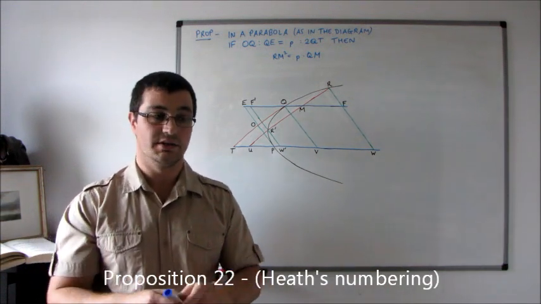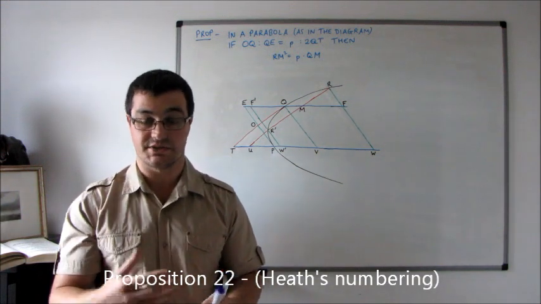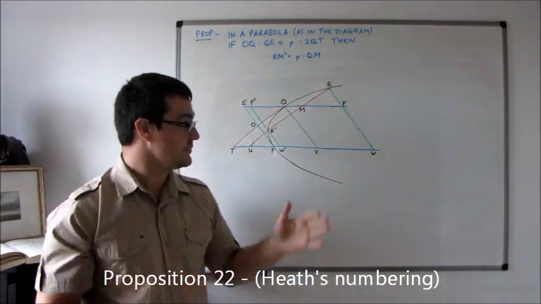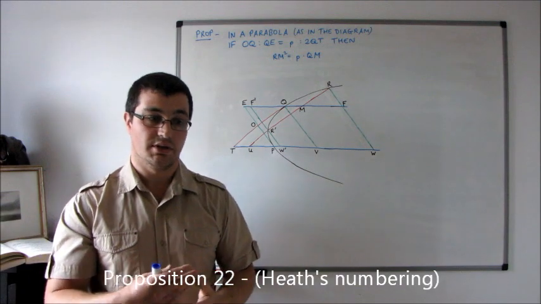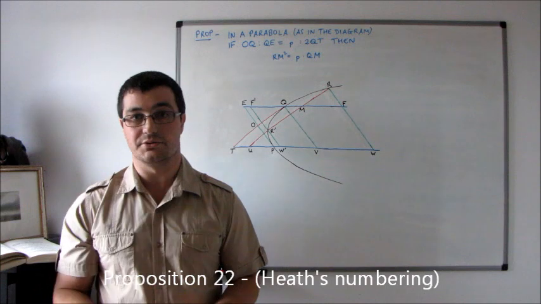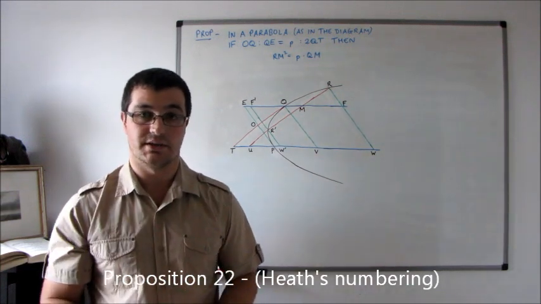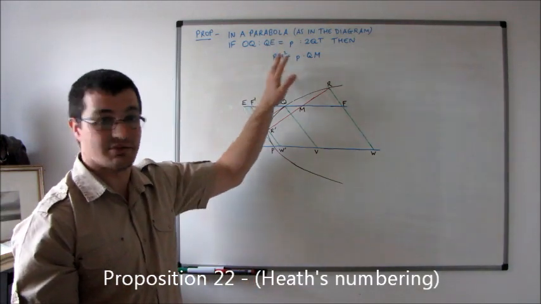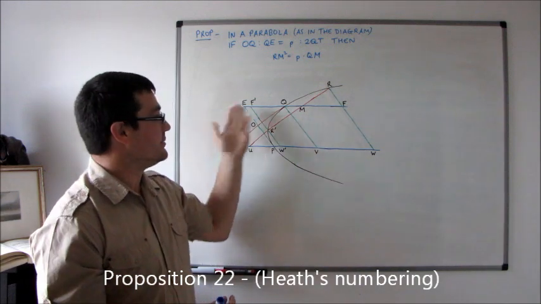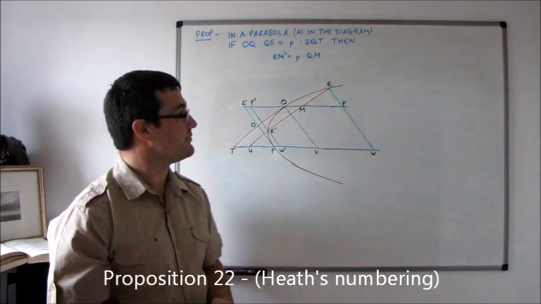The parameter of a section with reference to a particular diameter is unique, so p must be the parameter. So what this does is it allows us, given other information about the parabola, to actually find the value of the parameter with reference to a particular diameter. Obviously this could all be changed around so that this was relating more to diameter P, but in this particular proposition we're picking on Q, this diameter through Q.